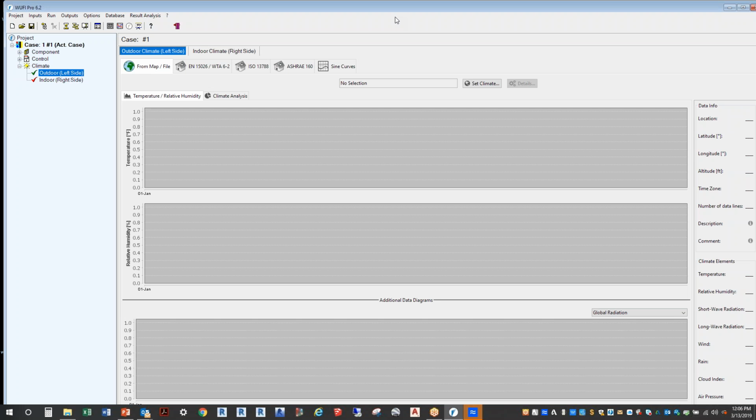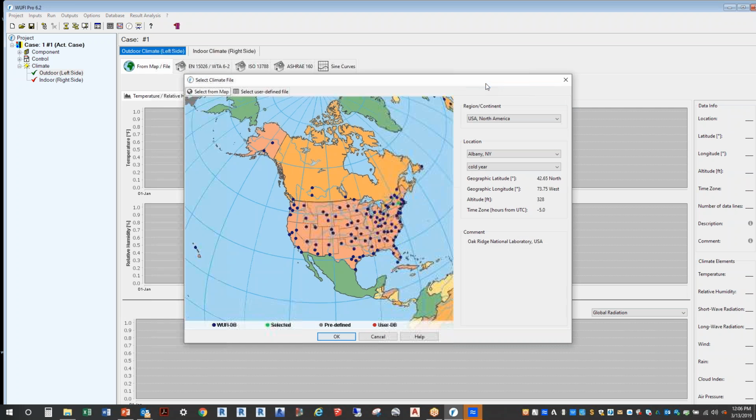And so the first thing we'll want to do is select a weather map, because we want it to simulate the rain patterns for the area. We want it to simulate the fluctuations in temperature and humidity, and so all that has to come from a weather file. So on the outdoor climate tab, I'm going to select climate, and I'm going to pick Norfolk.